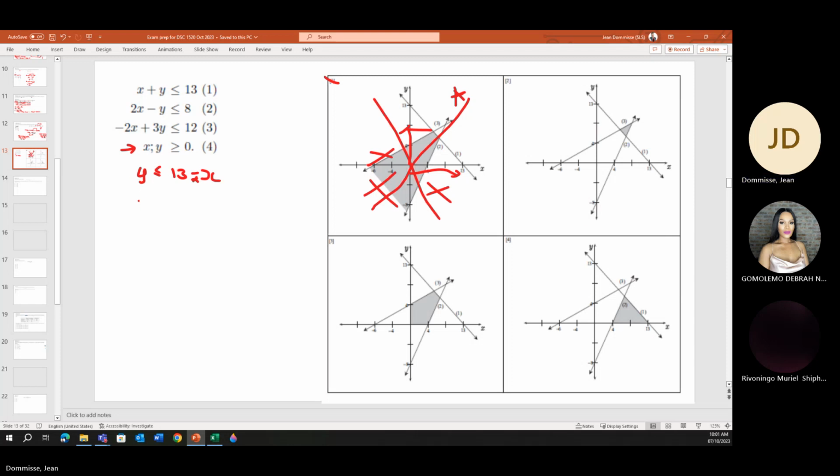So when y is 0, we have 13 minus x, which makes it that x is equal to 13. So when y is 0, x is 13, there it is. The same now when x is 0, y is equal to 13.